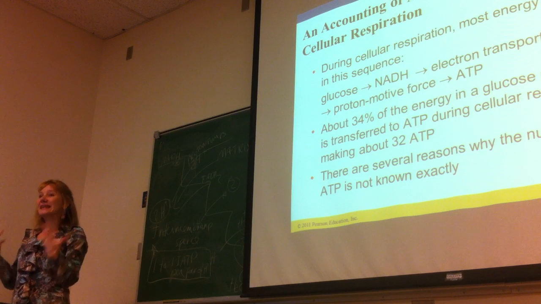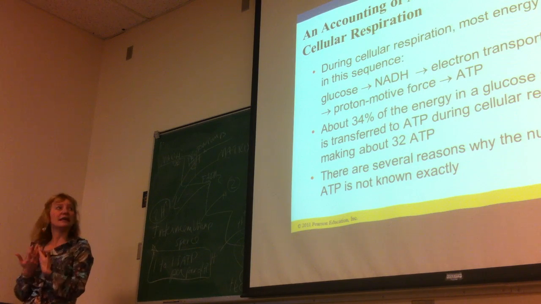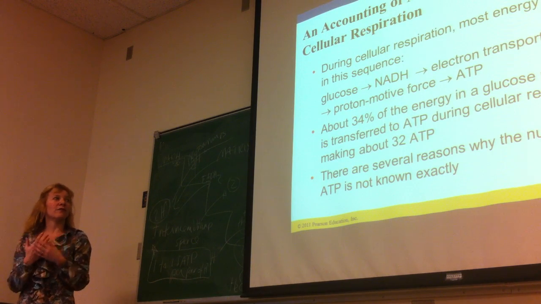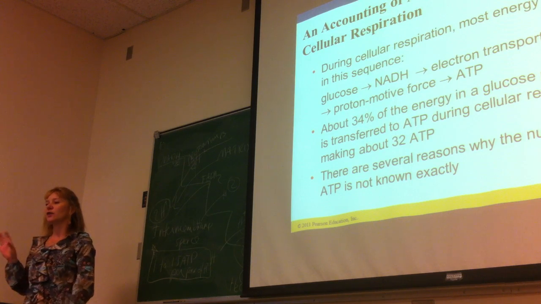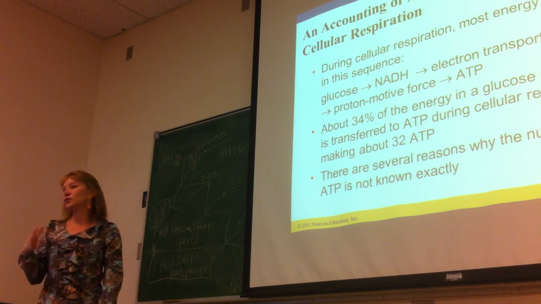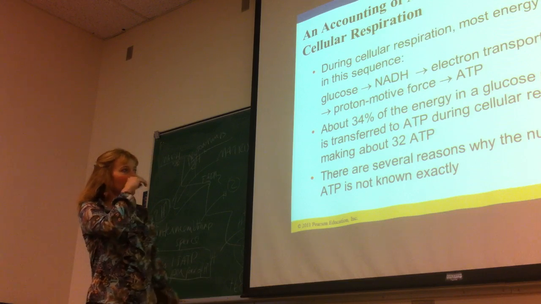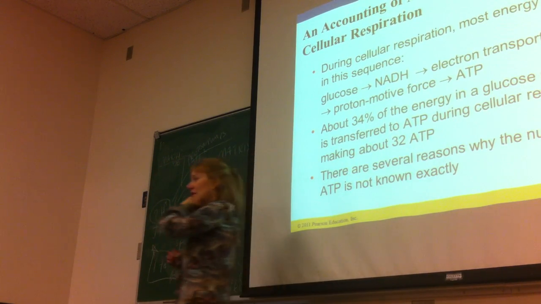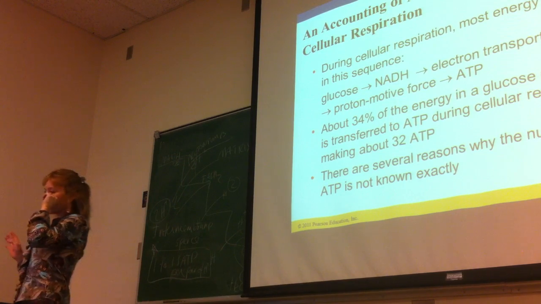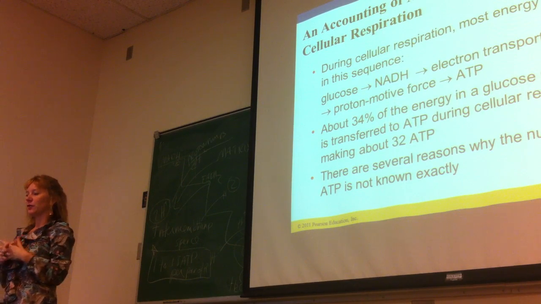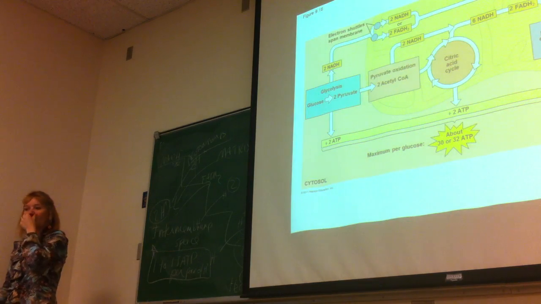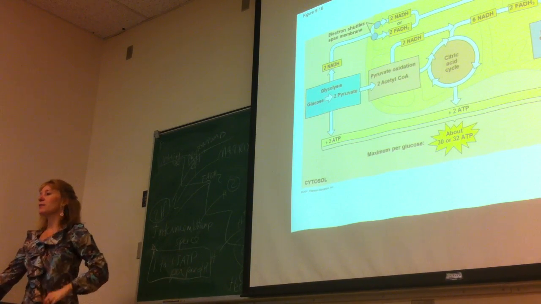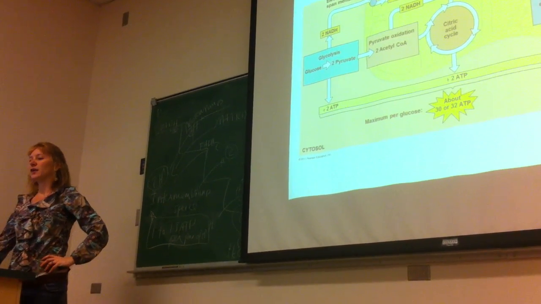It's not, of course, a completely efficient reaction, as nothing is, but about 34% of the energy in each glucose molecule is going to be ultimately used to synthesize ATP. And as I said, that number is variable, and I'll explain why in a moment. The number is variable from 30 to 34 ATP ultimately produced. So the reason why the number is variable will be described here.